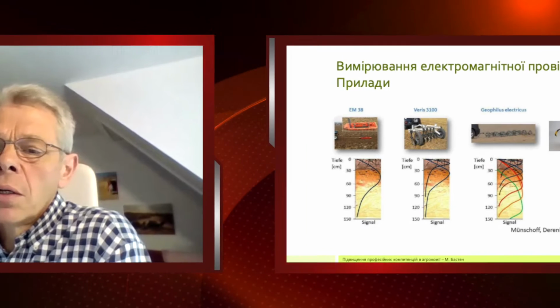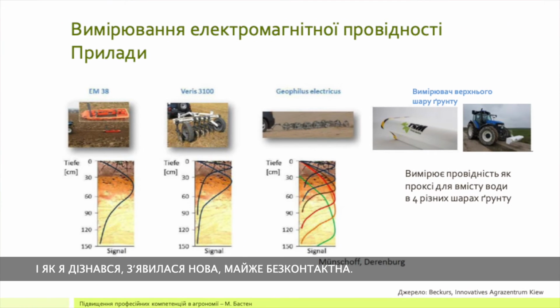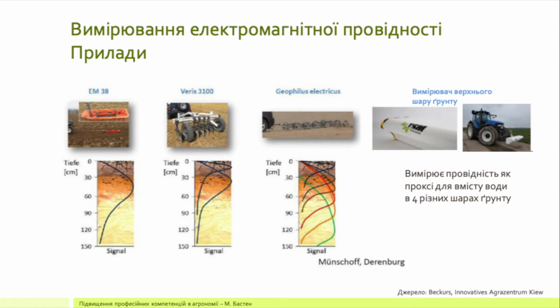And as I learned, there's a new one which is touchless. So it doesn't need contact with the soil and can measure the conductivity, as a proxy for water, in 4 different soil layers. That's a very valuable input to derive zones of different productivity in the field.